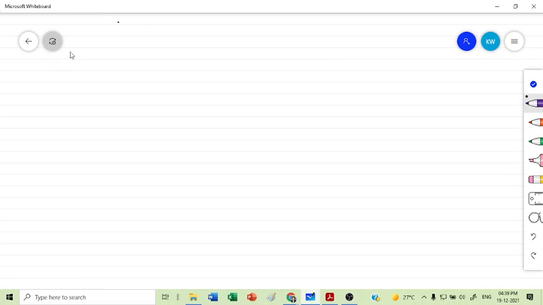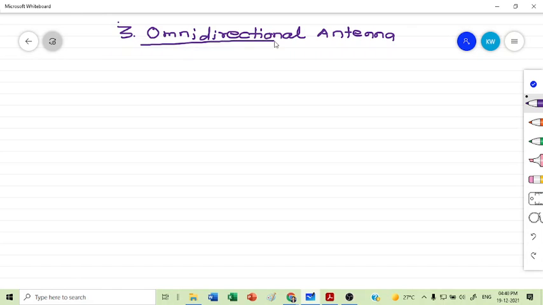Now omnidirectional antenna radiates in a plane.